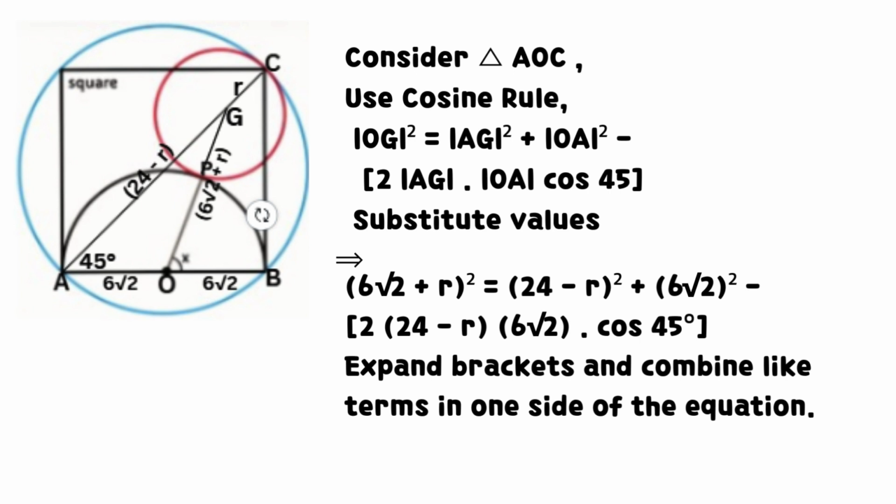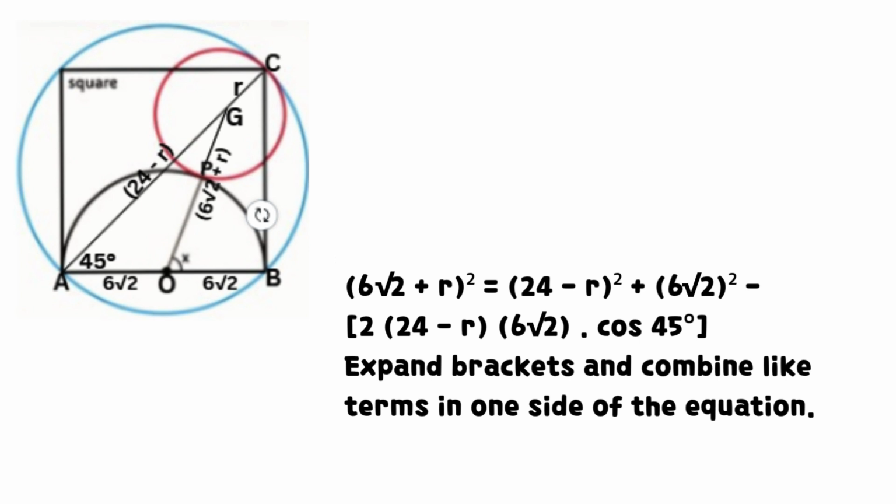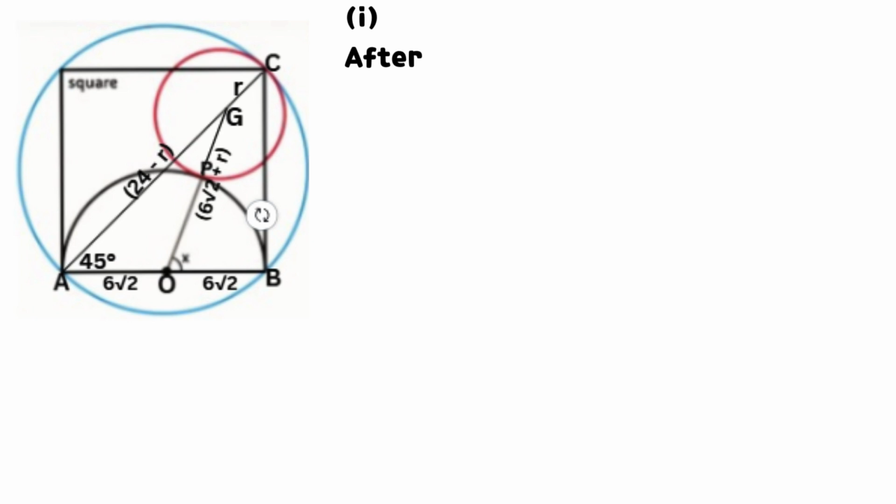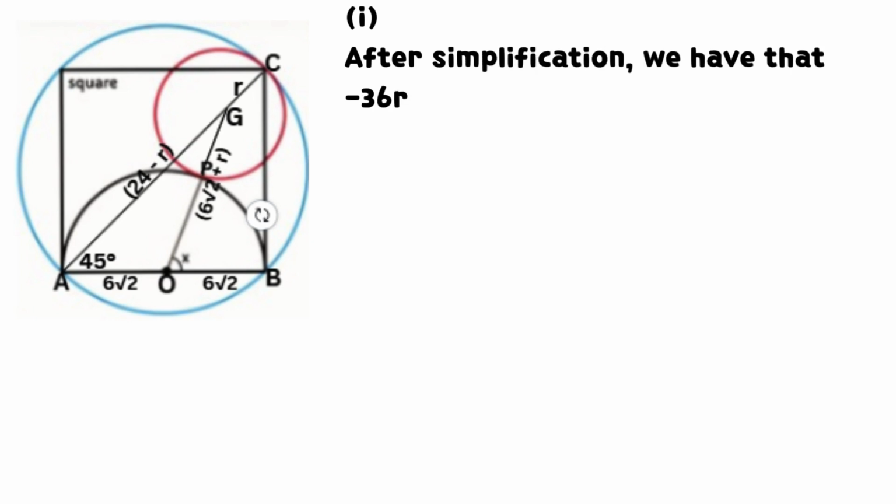Expand brackets and combine like terms on one side of the equation. Simplify the quadratic equation that is formed. Let us answer the first question. That is required to find the area of the inscribed red circle.